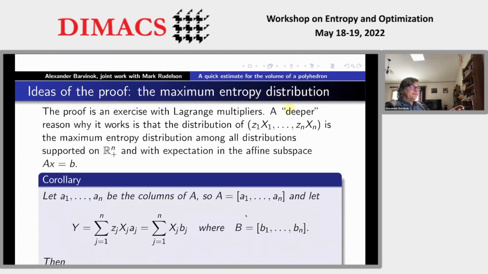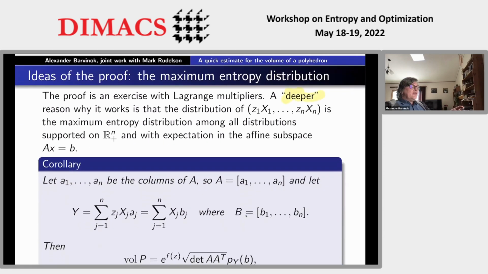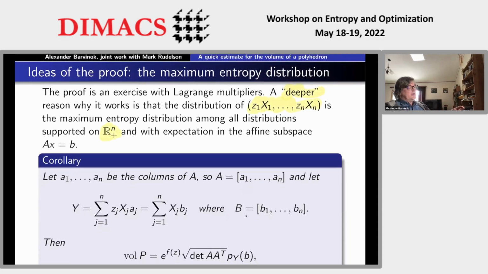But there is some reason why it actually works. That's what I called a deeper reason: this distribution is the distribution of maximum entropy among all distributions supported on the positive orthant and with expectation in the affine subspace.